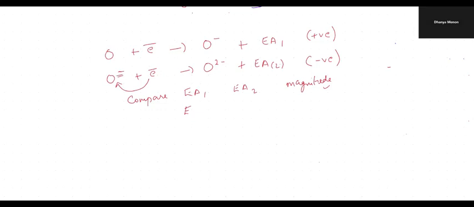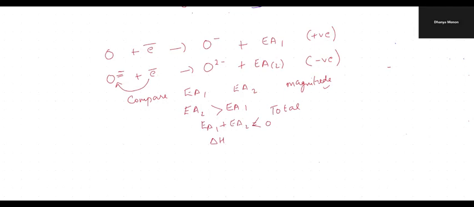So EA2 will be greater than EA1. So definitely if I say EA1 plus EA2, the total will be less than 0.